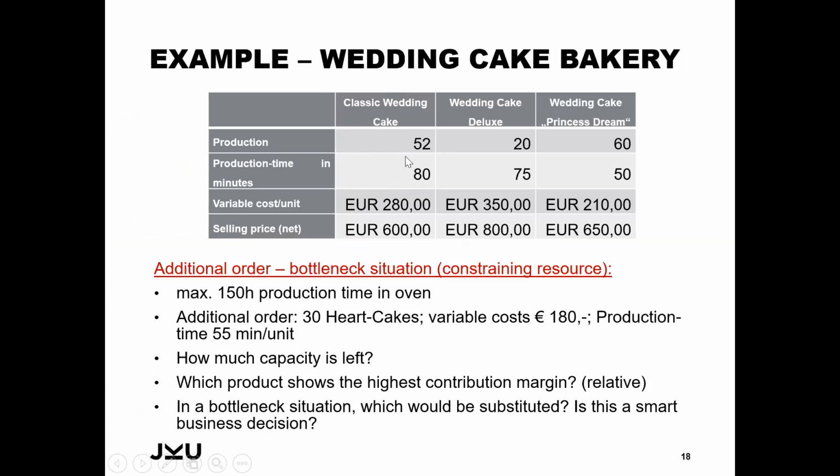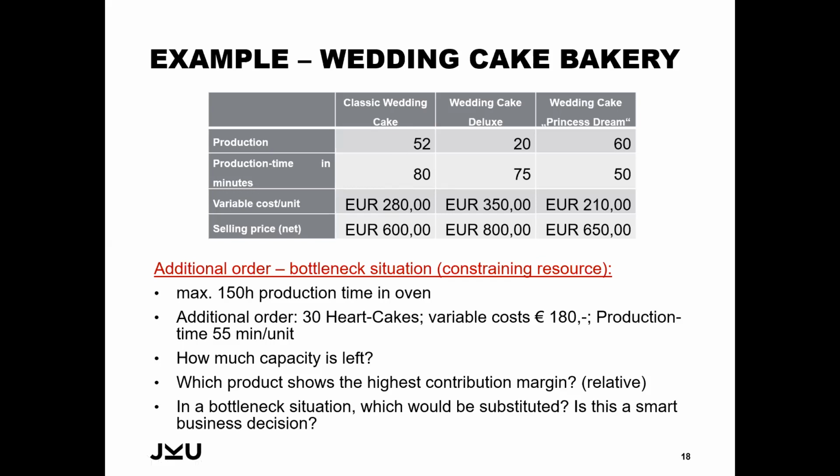Because 80 times 52, let me see, I don't have that calculated right off. One moment, 80 times 52, 4,160 minutes. The classic wedding cake takes up 4,160 minutes. However, for that 30 hard cake production, we only need an additional 1,310 minutes.